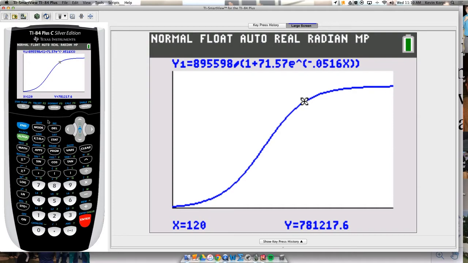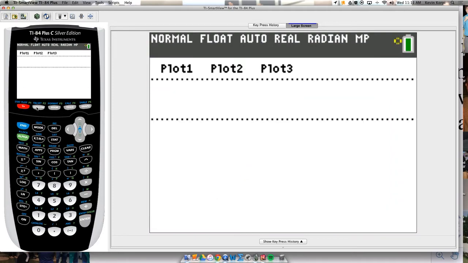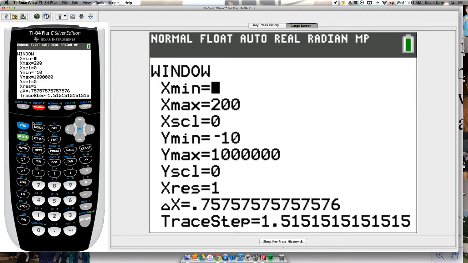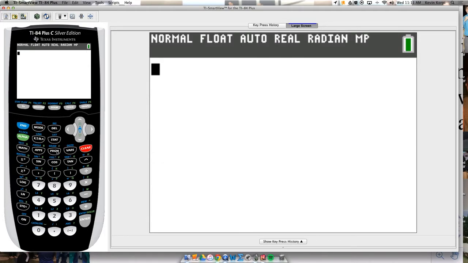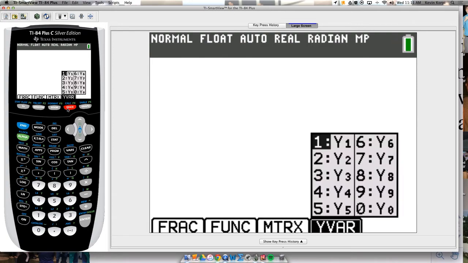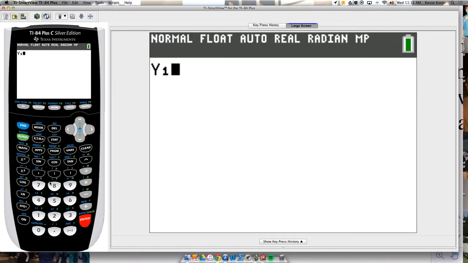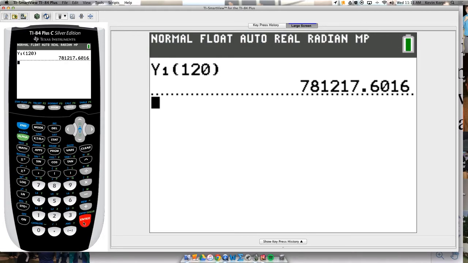Now, if you didn't want to do it from the graphing screen, you could go to the home screen, and remember, you can recall what's in Y1 by hitting alpha trace. There's your shortcut, and then just opening it up and typing in 120, and then closing it. So that has the advantage of giving us what?